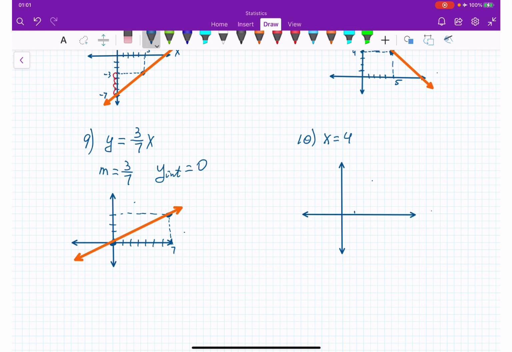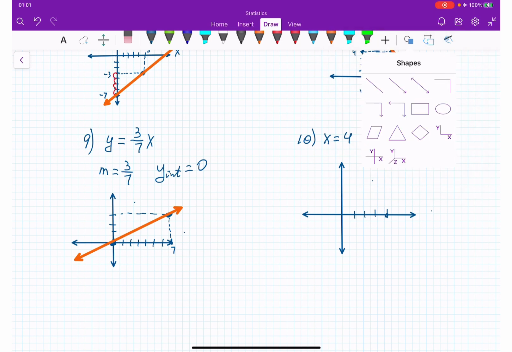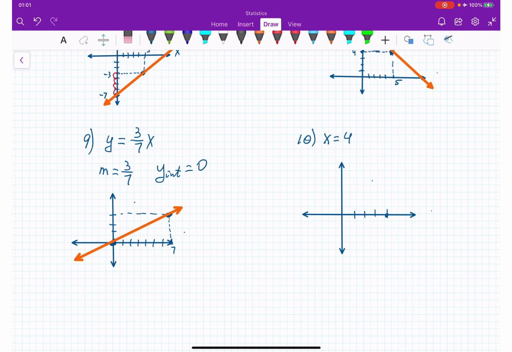So 1, 2, 3, 4. All right. My x equals 4. There is no y, right? Absolutely, y doesn't exist. That's why my graph will never cross the y-axis, and it's going to run vertically. In what case won't it cross? When it's running parallel, correct? And that's exactly what's going to happen. This is my x equals 4. Okay?